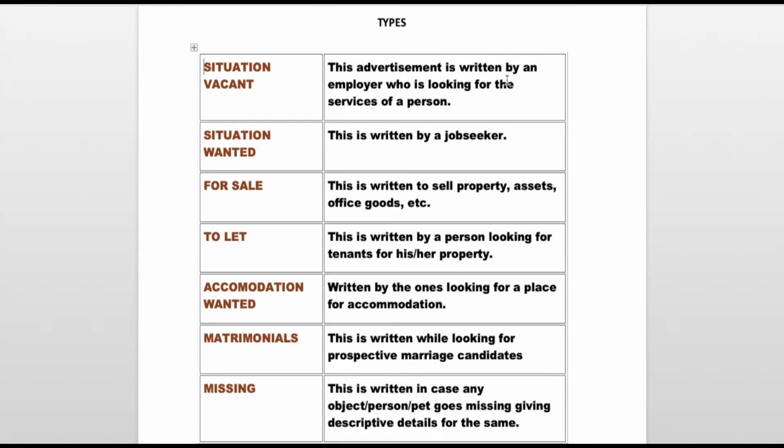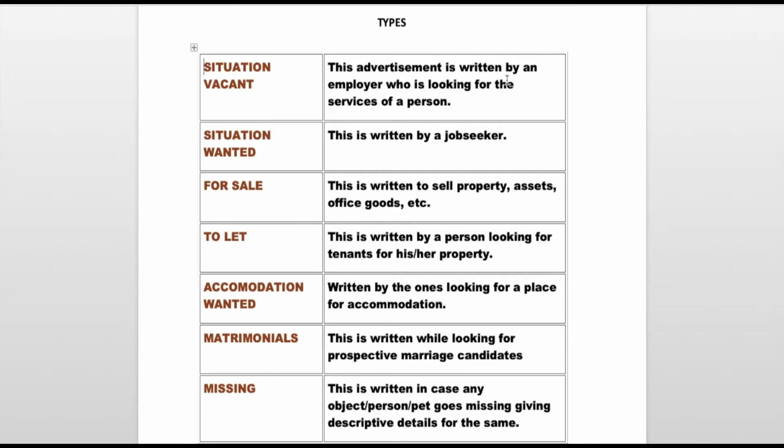So he or she, an employer, can write an advertisement of the services he or she wants to hire, be it a stenographer or a manager or a receptionist, anyone he wants. He can put up the specific details in the form of an advertisement, and he can send it to a specific newspaper. Someone who would be fit for the same job can apply to the company.